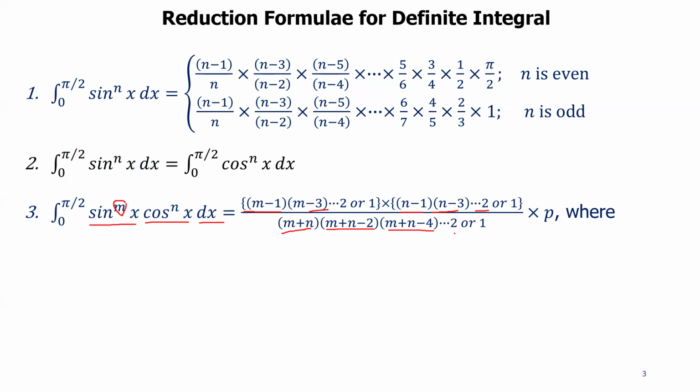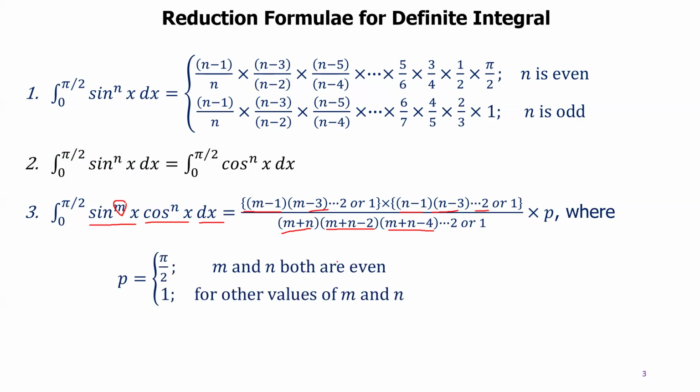It will also end with 2 or 1, which is whole multiplied by p, where p is equal to pi by 2 if m and n both are even, or otherwise its value will be 1 for other values of m and n.